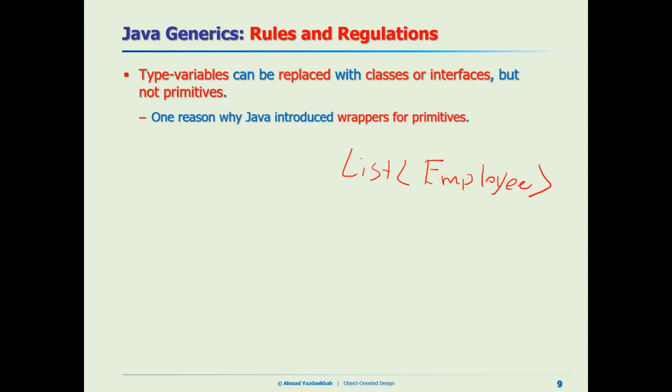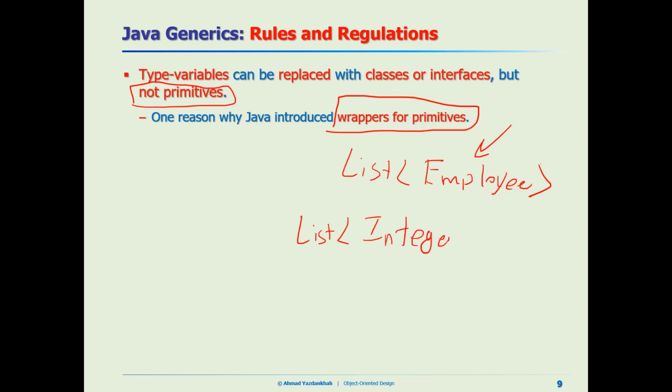We can even put an interface here, that's okay, but not a primitive type. We are not allowed to put a primitive type. One reason that we introduced the wrappers for the primitives last time is this. Now you can for example have a list of Integer, but you cannot have a list of int.